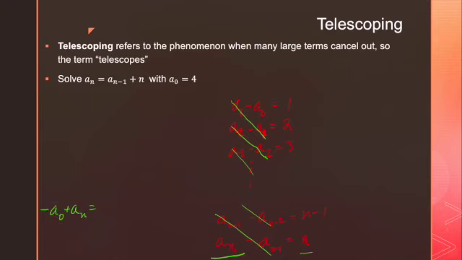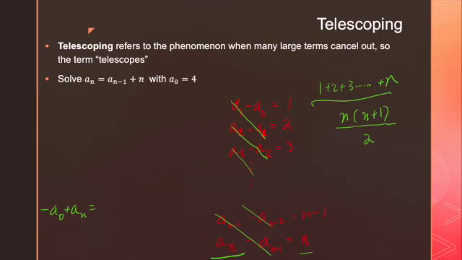Well, what do I know about this right side? This is the sum of all numbers. And we learned in the chapter on sequences and series how to write this series as a sum, and that's going to be n times n plus 1 divided by 2.